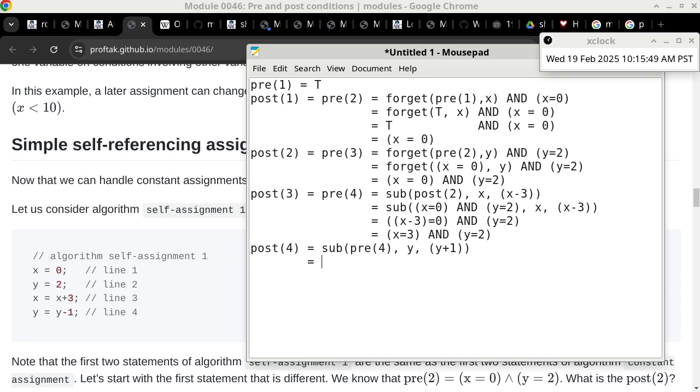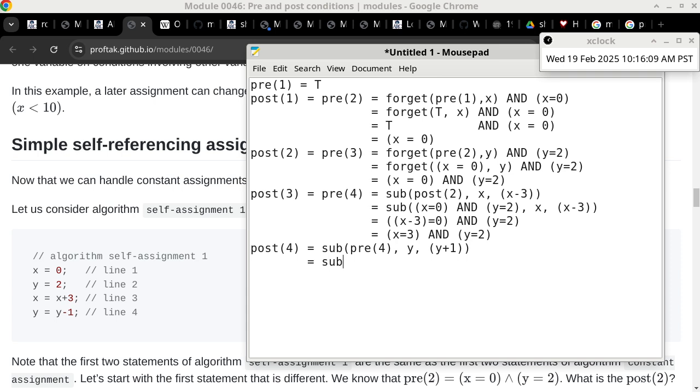Because line 4 subtracts 1 from y, y is now 1 less than what it used to be. So in order to maintain how y relates to everything else, we have to add 1 back to the new value of y, to maintain its relationship with everything else prior to line 4.